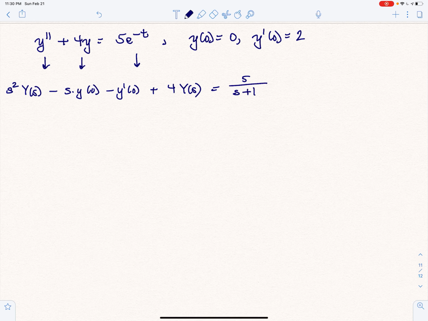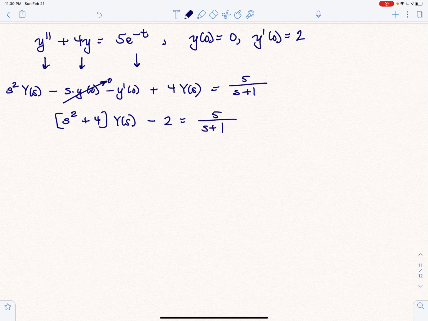That's 5 over s plus 1. So let's see how this shakes out. Well, y at 0 is 0, so this term goes away. y prime at 0 is 2. So we have s squared plus 4 times Y of s minus 2 equals 5 over s plus 1.